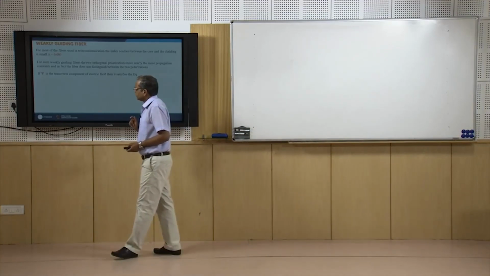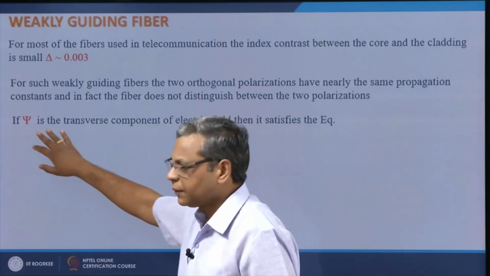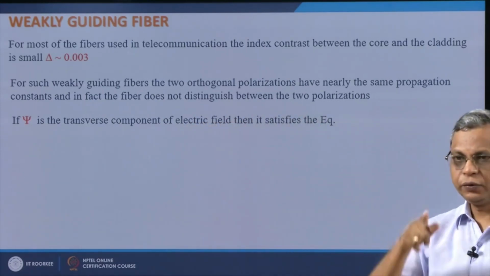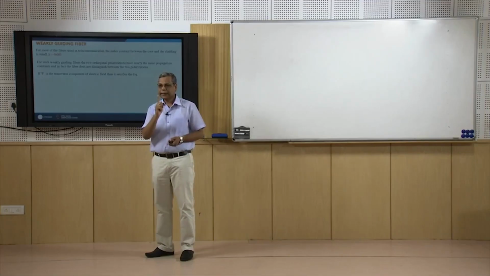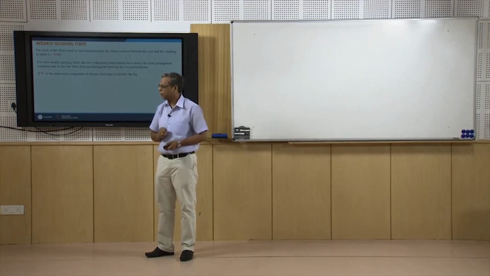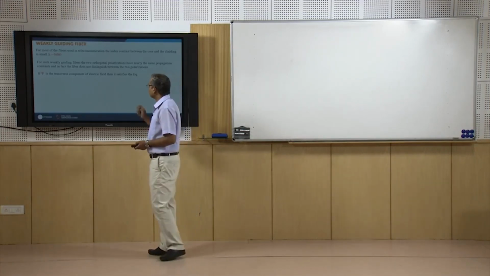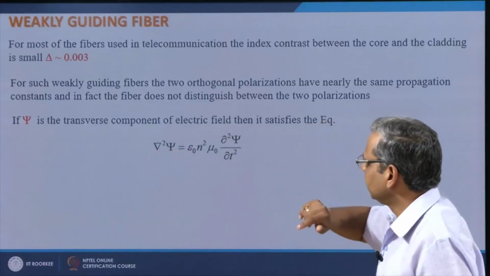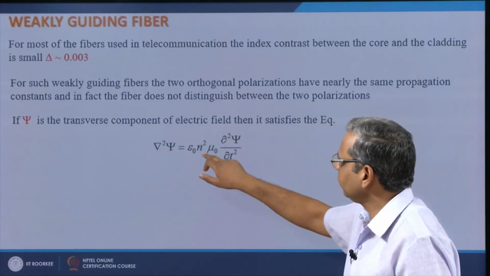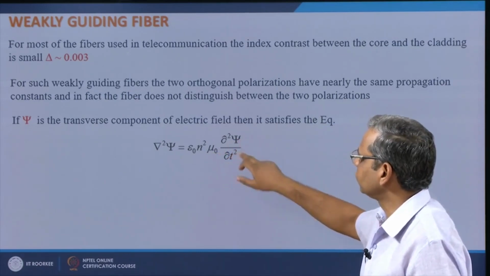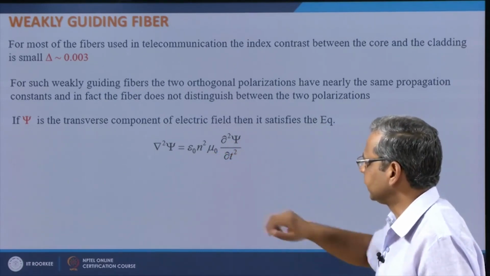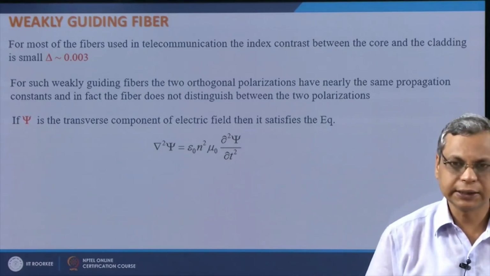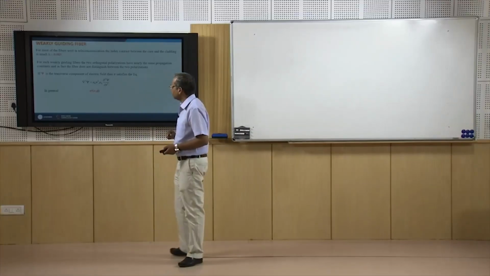And now if I say that psi is the transverse component of the electric field. So, you have a fiber and psi is the transverse component of the electric field, then it satisfies the equation del square psi is equal to epsilon naught n square mu naught del 2 psi over del t square. This psi is capital psi. So, it is a function of all the spatial coordinates as well as time.